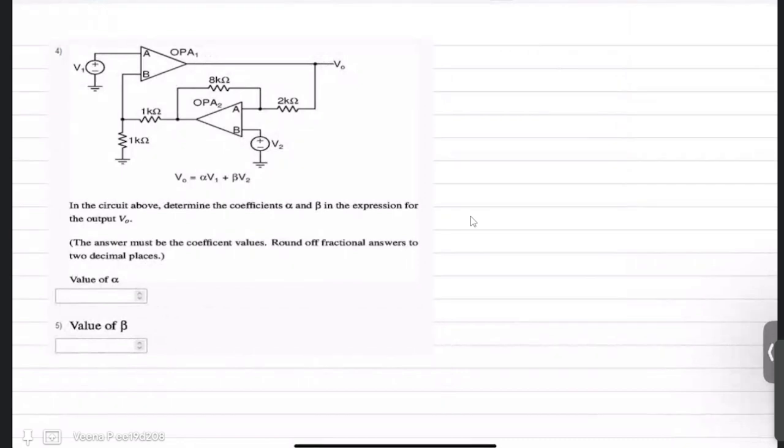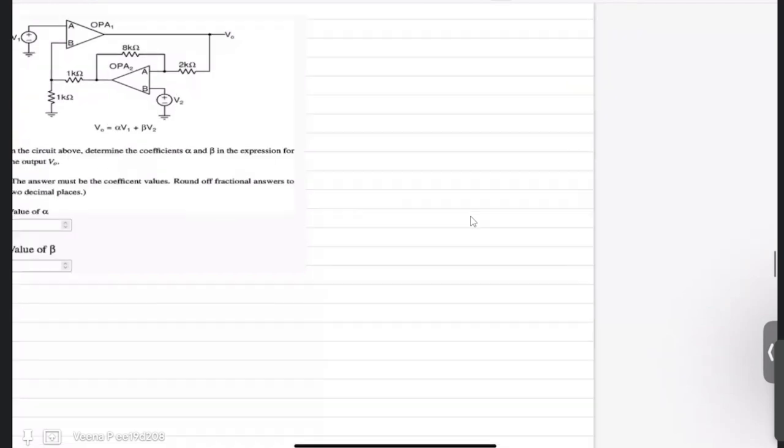In the circuit, determine the coefficients alpha and beta in the expression for the output V naught. So you have two op-amps.